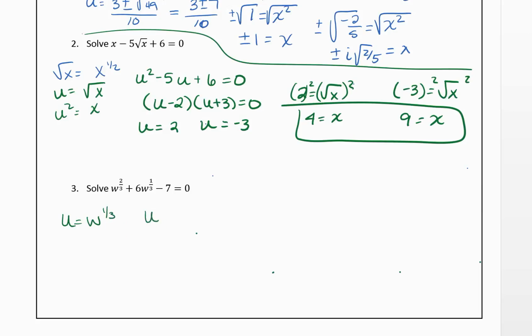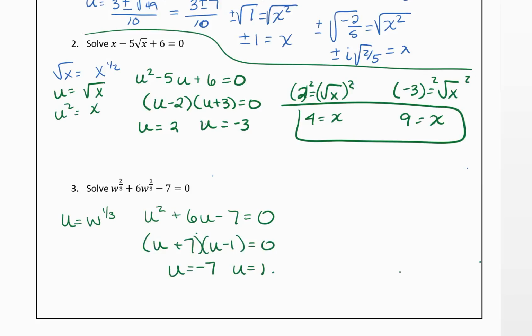And here this will be u squared plus 6u minus 7 equals 0. Let's see if this one factors. We could factor this one as u plus 7 and u minus 1 equals 0, which means u is equal to negative 7 and u is equal to 1.